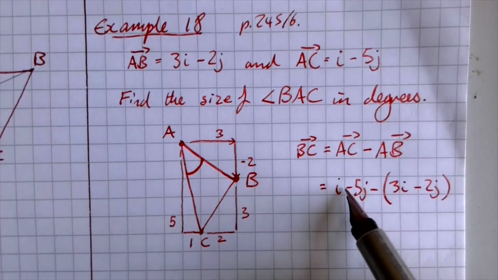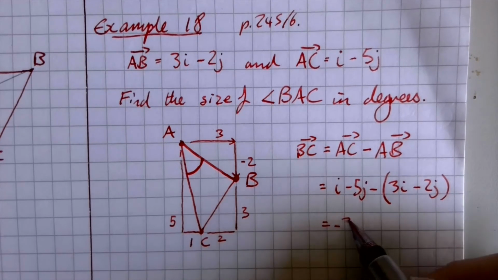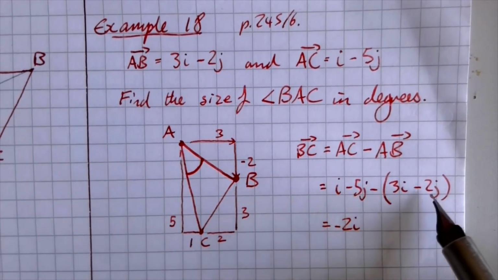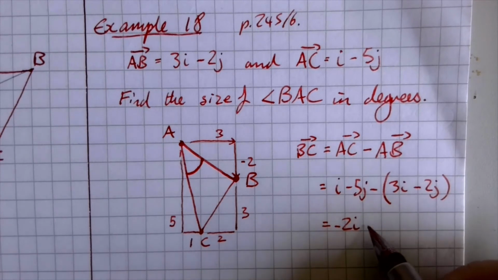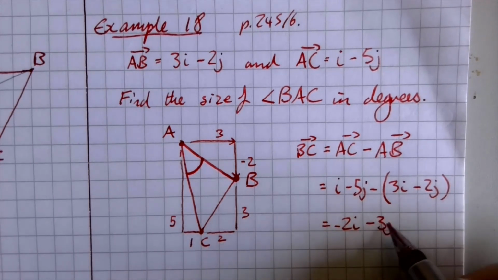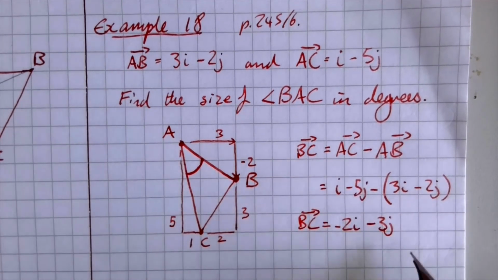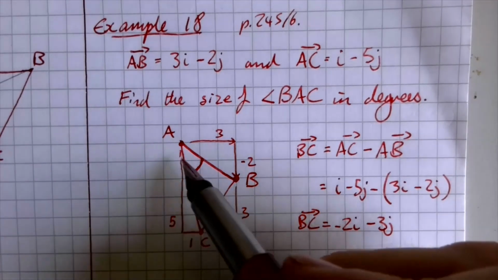Now when I take 3I away, that's going to give me negative 2I, which is my negative 2 there. And then I've got to be careful, because when I take a negative, I have to add, don't I? So adding 2J to negative 5J gives me negative 3J. So that is how we get there using the triangle law.